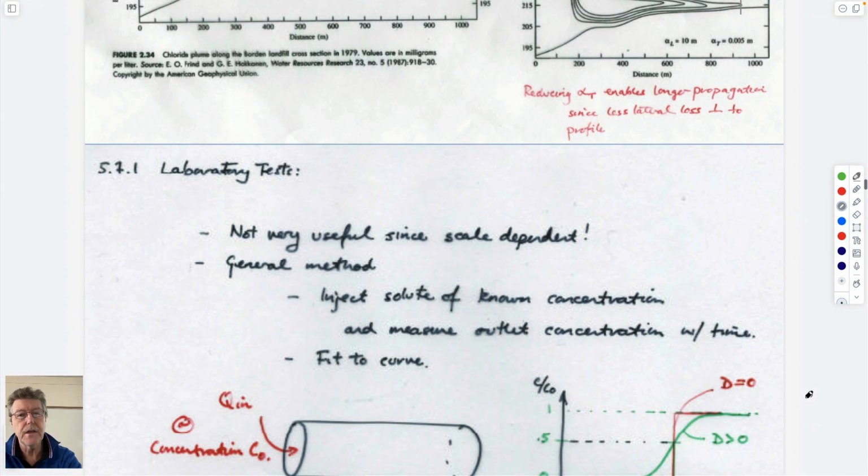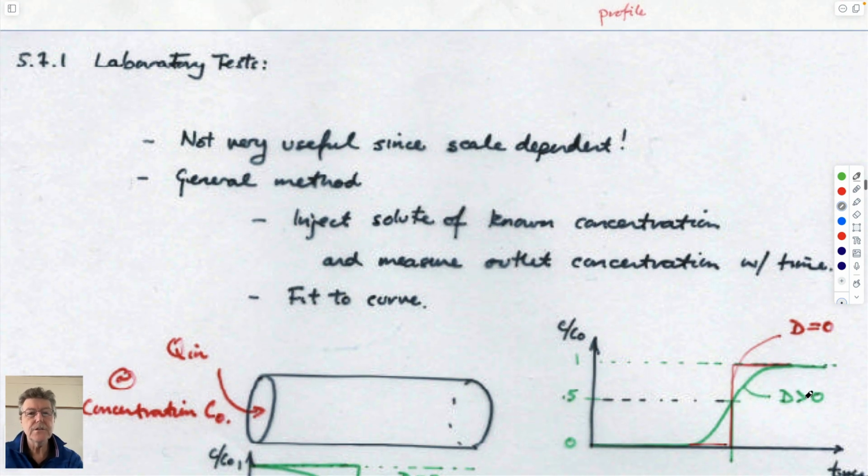Fine. So if we wanted to measure these parameters, so we want to measure longitudinal dispersion, and we think it's equal to the diffusion coefficient in a porous medium plus the longitudinal dispersivity times the advective velocity in the x direction.